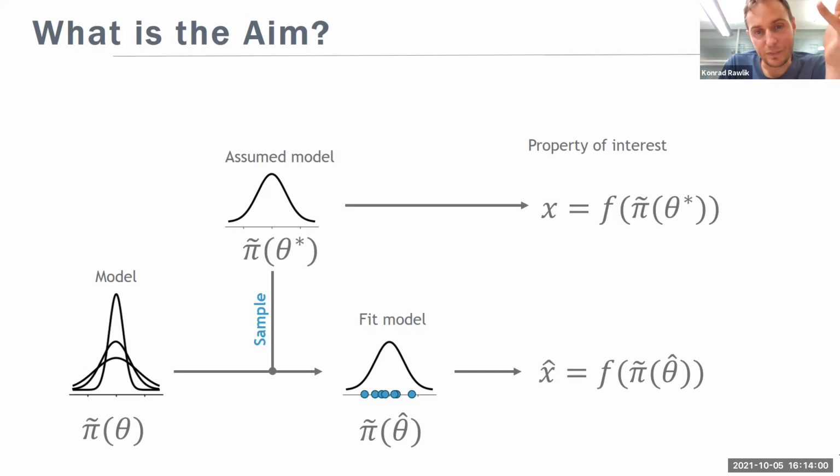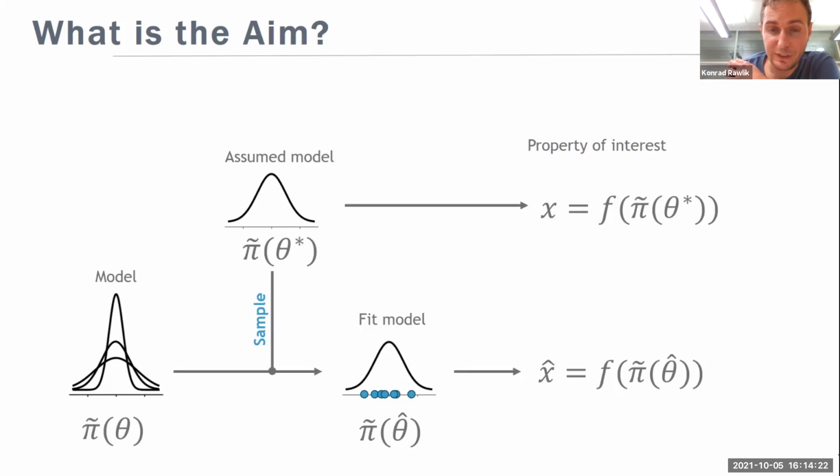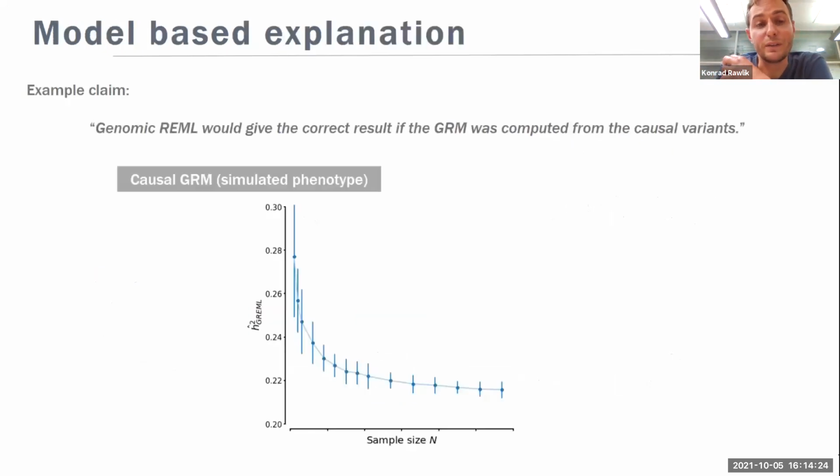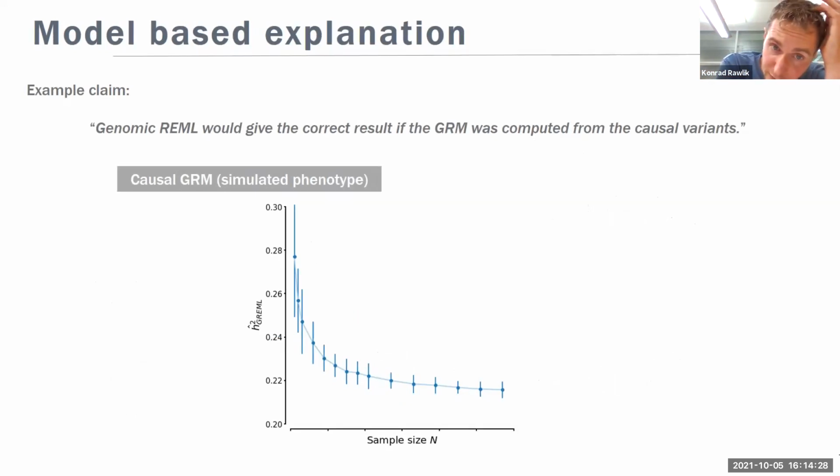And to illustrate this restriction of this approach, we can just look at one possible conclusion from it, which you can find in various papers out there, which is that if we have a linear mixed model with a genomic relationship matrix, then if the genomic relationship matrix was calculated from the causal SNPs, then we would get the correct estimate of heritability.